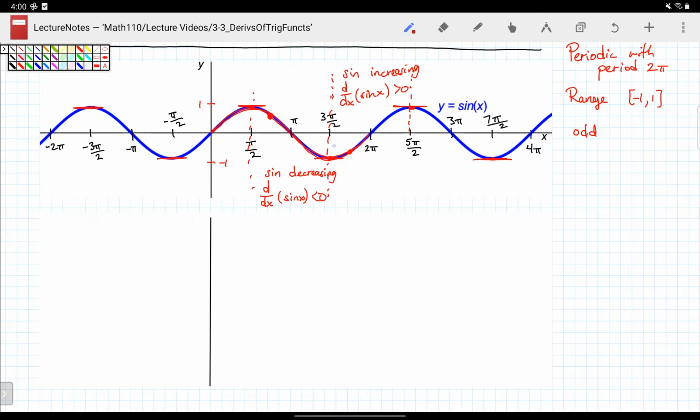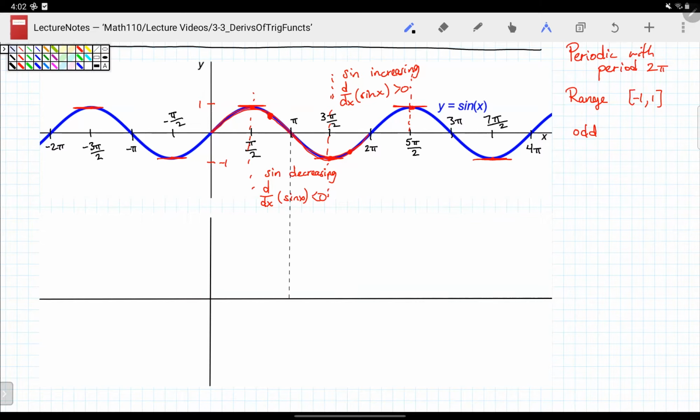Okay, so since I have both positive and negative derivatives here, and it looks like it's going to be symmetric positive and negative, I started to draw some axes for my derivative graph, and I'm going to put that x-axis right in the middle to give myself equal room above and below the axis for sketching the graph of the derivative.